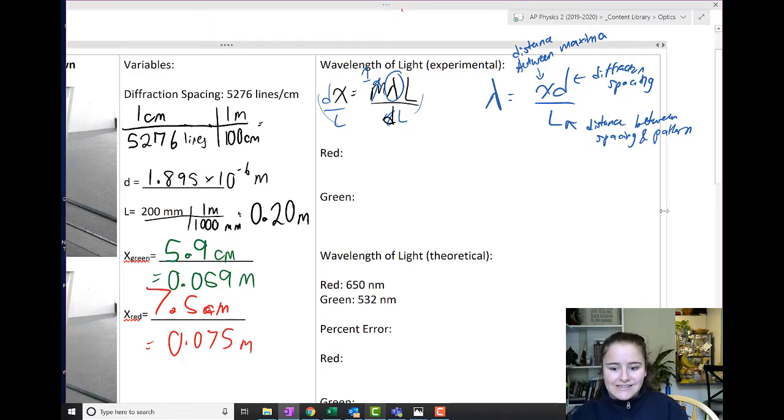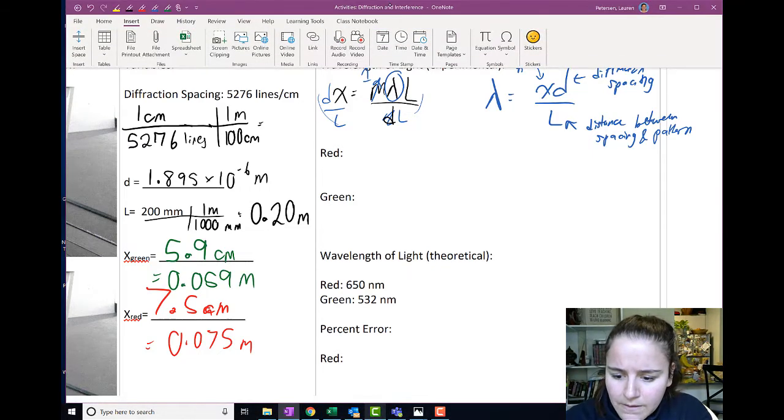So lots of distances there, lots of numbers that have the same exact units, so it's really important to keep track of your variables here. But let's go ahead and solve it out. I have red and then green here, so we will just do it that way.